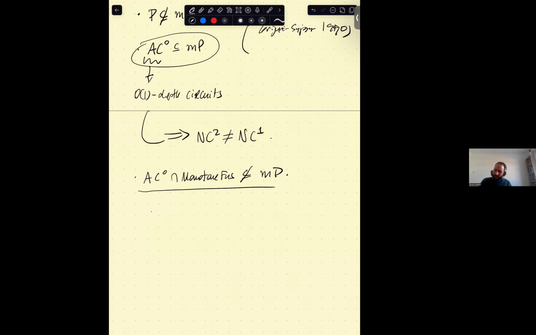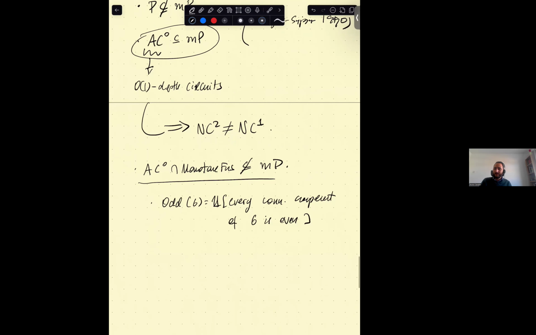And that's because our lower bound not only works for matching, but also for this odd factor function, which accepts if the graph, every connected component, has an even number of vertices. This is monotone, right?